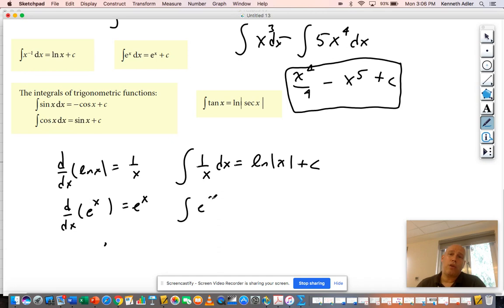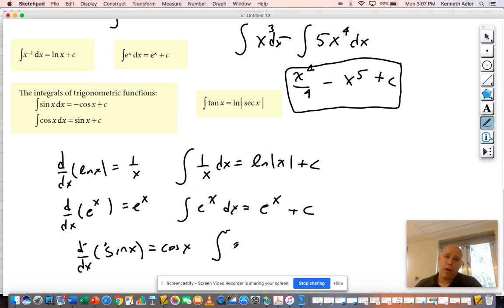So the integral of e to the x dx is equal to e to the x plus c. We saw the derivative of sine of x equals cosine of x. Therefore, the integral of cosine of x dx equals sine of x plus c.